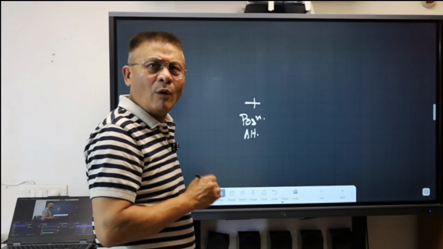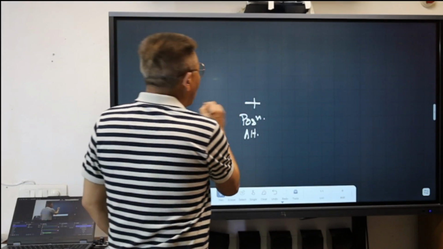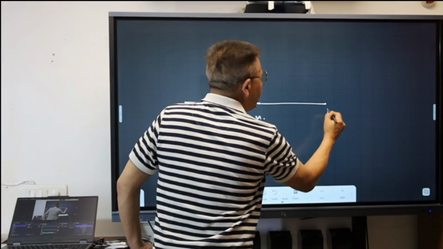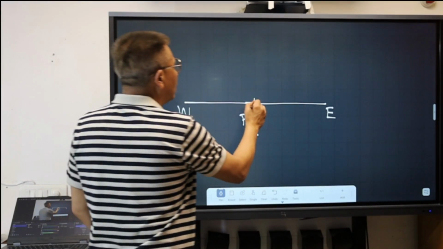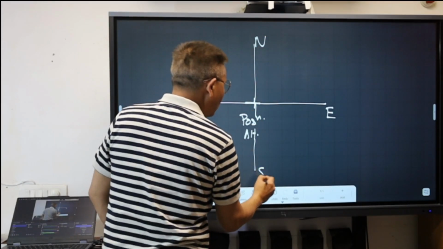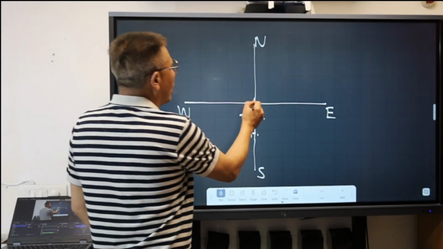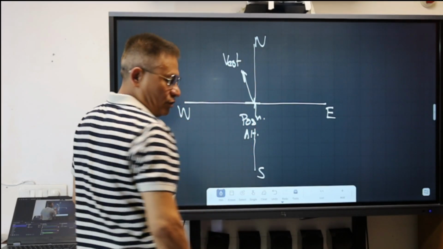Now I will require 3 accelerometers, one along the east-west direction, another along the north-south direction, and the third one in the z axis, that is the vertical axis.